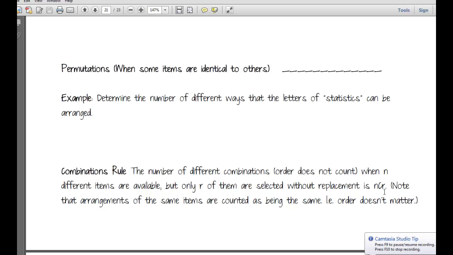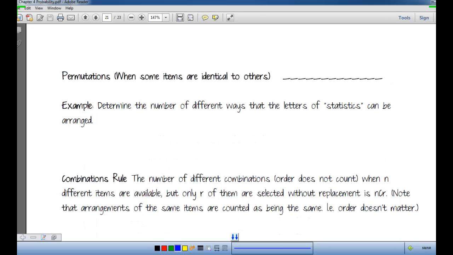Okay, here's another rule. This is one where we have permutations where some items are identical to others. If we've got items repeated, then if we rearrange some of those things, you can't really tell the difference. For instance, we're going to look at this word statistics, and if I say, okay, I want to have statistics, and then I say, no, instead of that, I think I want to have statistics.